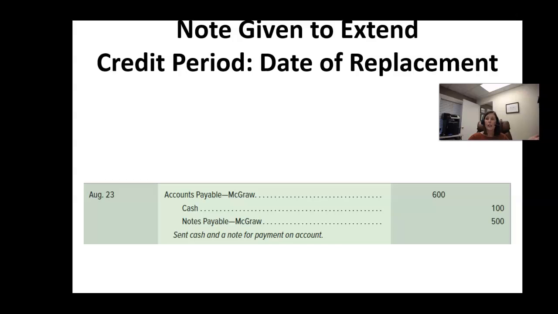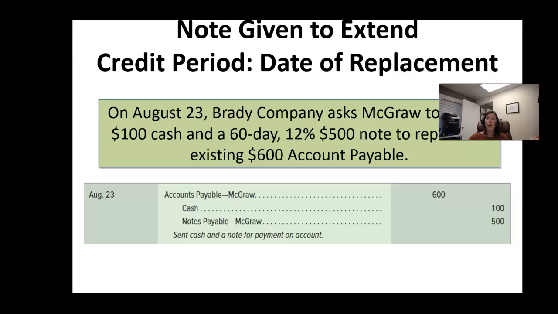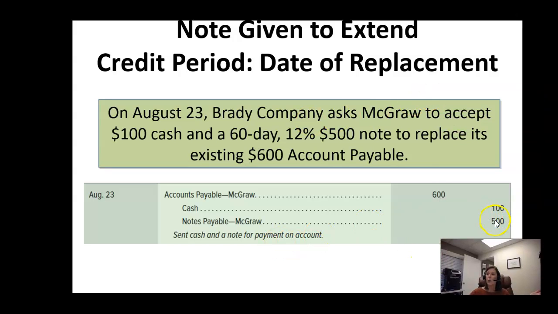So what we did was we said, okay, we're going to have a note for the remaining $500, and it's going to be at 60 days, 12% interest. And so that's going to remove the accounts payable from our books and convert it into a notes payable for the remaining $500 that we still owe them.